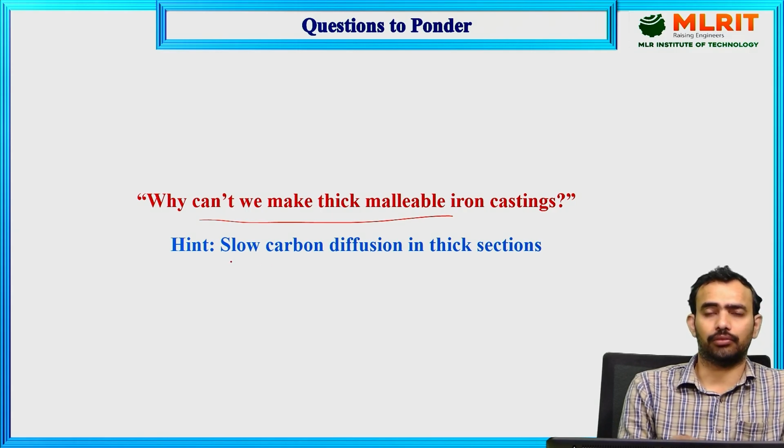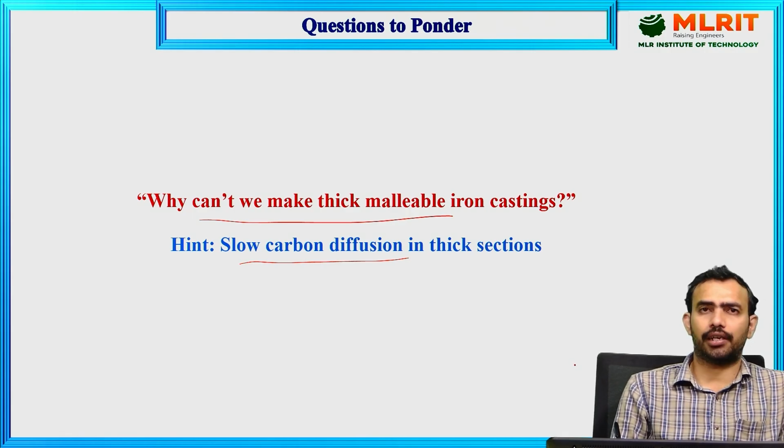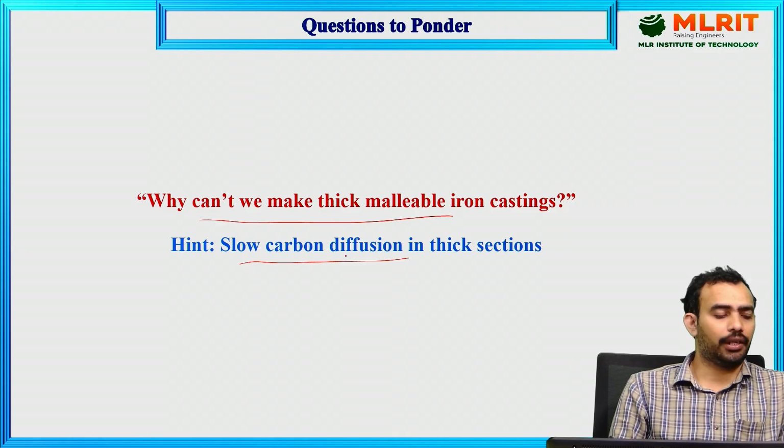The hint is slow carbon diffusion in thick sections. Carbon diffusion during the heat treatment process plays a critical role. Based on the hint, if someone can catch the answer, please write your comments in the chat box.